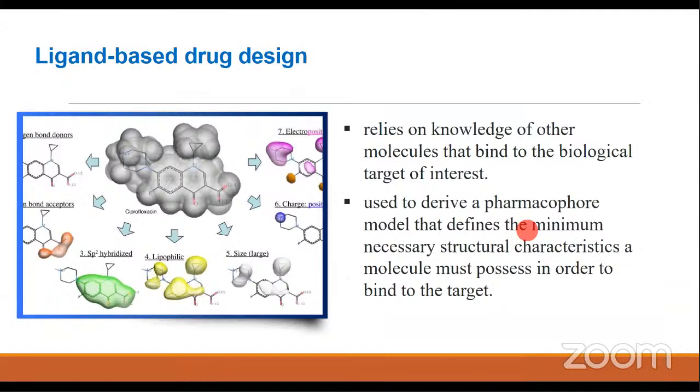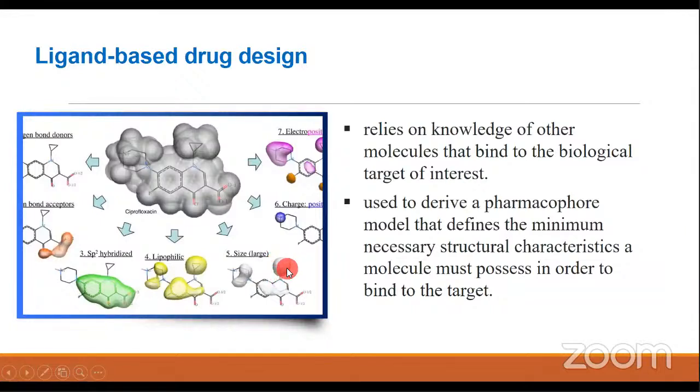So I'll be giving a little intro about ligand-based drug design. Here, this is ciprofloxacin. If you look at this structure, it has hydrogen bond donor and acceptor groups. Also it has an sp2 hybridized ring here, some lipophilic parameters, and some size.